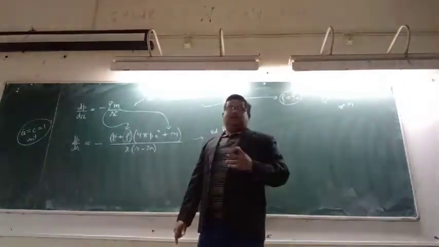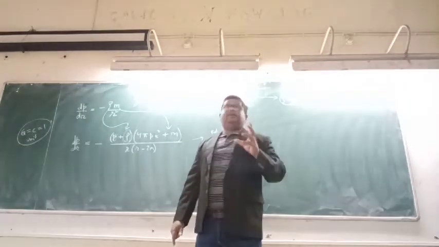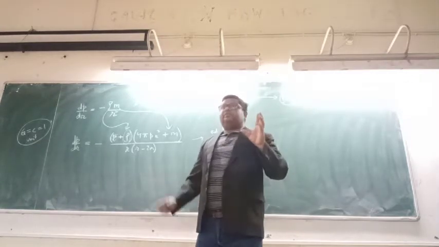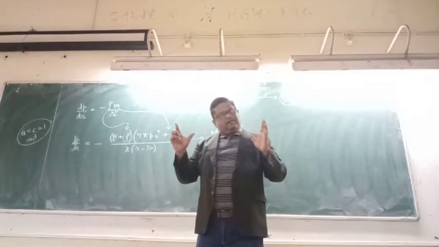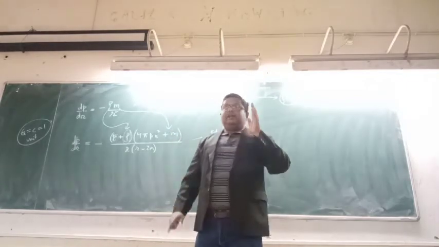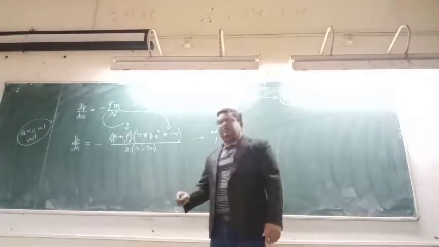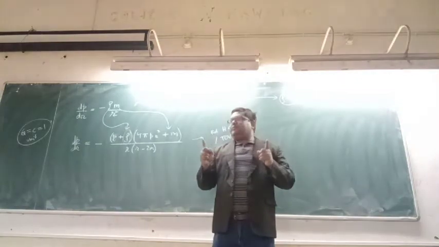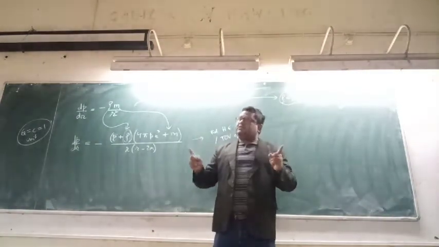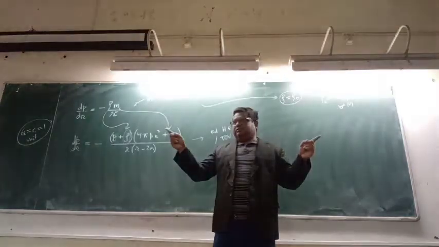What is changing? The thing that is changing is the fact that in the Newtonian case, the source of the gravitational field was mass itself, right? But now, in the general theory of relativity, the source of gravitation is the energy momentum tensor, and that tensor depends on both your density and your pressure, right?